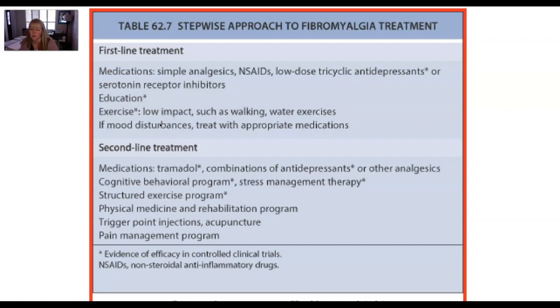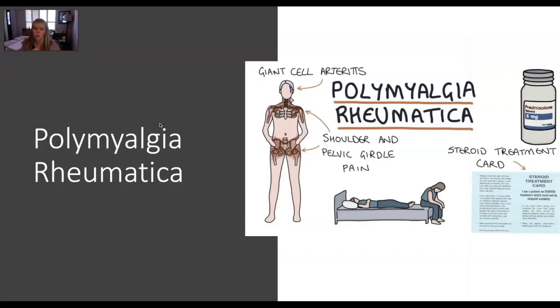Now, if it's not getting better, that's when they should have maybe a structured exercise program, trigger point injections, acupuncture, stress management, cognitive behavioral program. This is what's difficult with fibromyalgia, because a lot of patients don't want to believe that it could be psychological, or contributing to it, or that exercise is going to help.